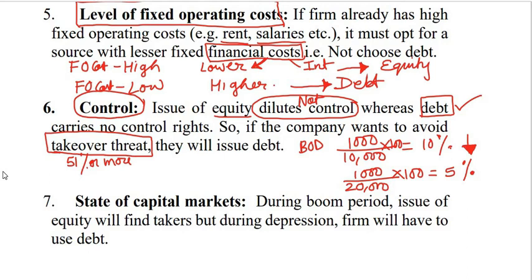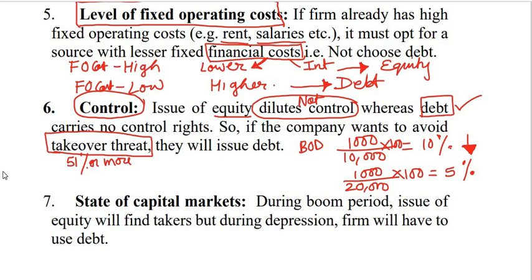In that case, it is better not to issue equity shares. You should go for issuing debt, because when you issue debt in the market, even if the competing company planning to take over your company buys the debt, they will not be able to take over your company.